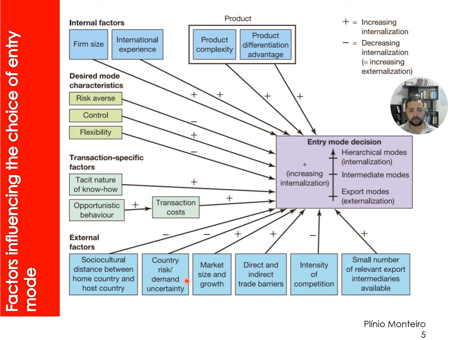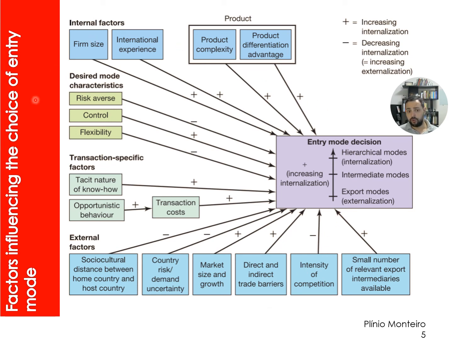Even when you have factors like the sociocultural distance between the United States, European countries and other developed countries when compared to Brazil, and also a lot of country risk and demand uncertainty because of economic factors, usually those factors are not enough to make those firms choose another entry mode, and they choose to enter using the hierarchical entry mode.